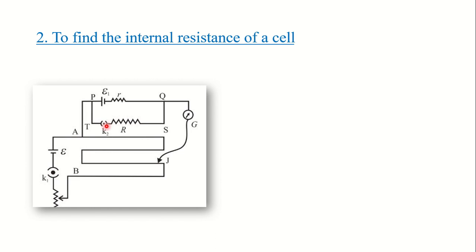And keep the key K2 open. When key K2 is open, you know that this resistance box is not connected in the circuit. The cell is only connected with the galvanometer and the jockey. This is just like that individual testing method. One cell is connected to the galvanometer and jockey.